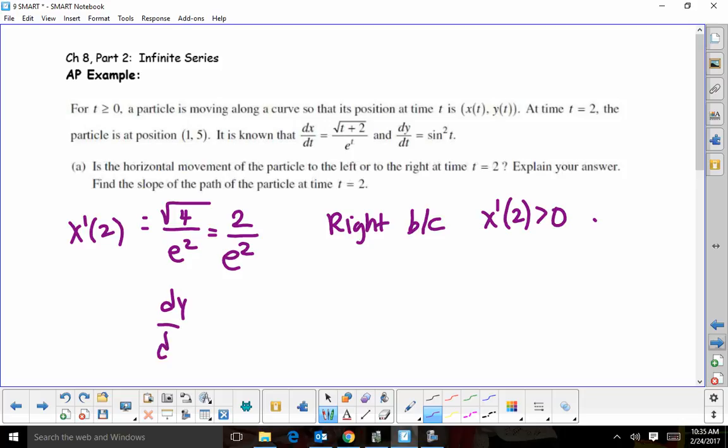Okay, dy/dx when t is 2. Well, we've already got the x part. What's the y part? Done. Now, this is actually a calculator problem, but are we going to take the time to put it into our calculator?